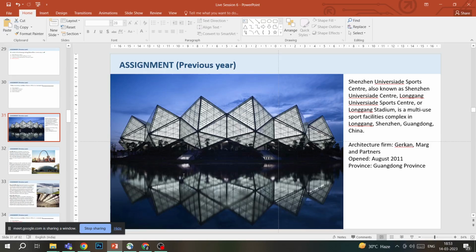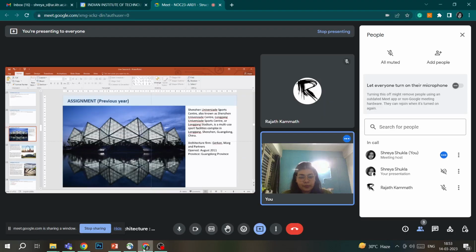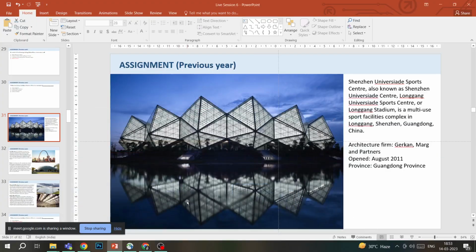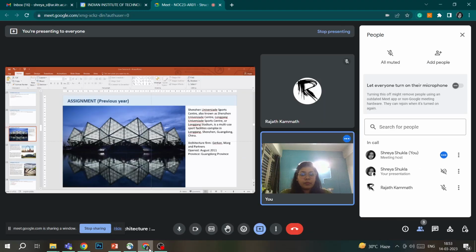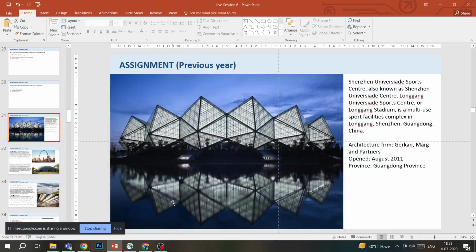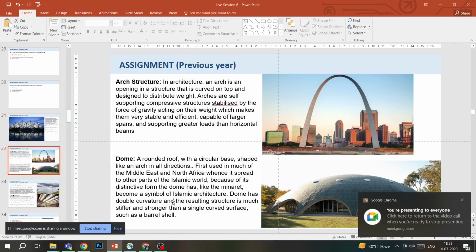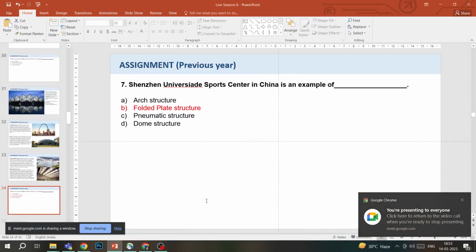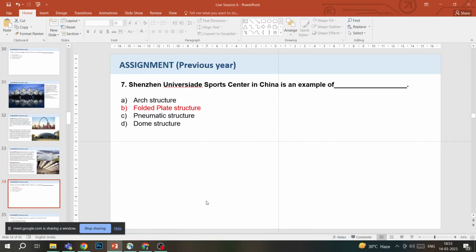Although this shape is quite different from the other examples we have seen, this is an example of folded plate, because the plates are joined at an angle, so they're kind of folded. So the answer would be folded plate structure.